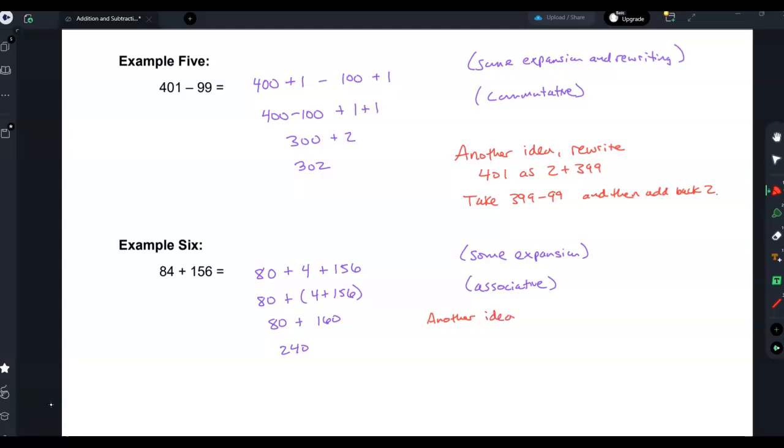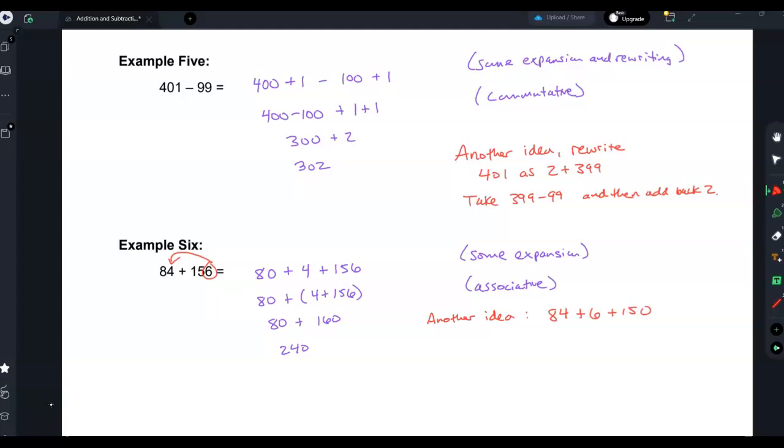One idea I had was to put the 6 over, right? It's kind of the same idea. So instead of putting the 4 over here with the 156, what if we put the 6 over here with the 84, right? So we could say 84 plus 6, and then that would leave 150 left over.